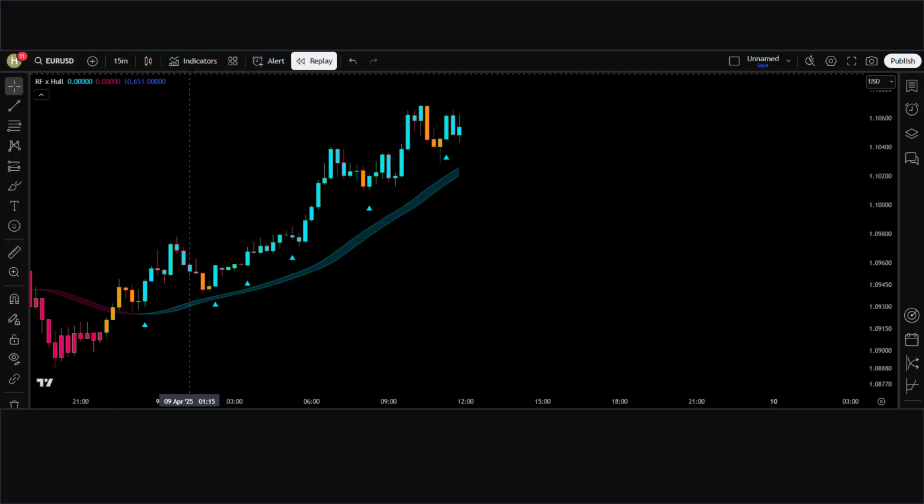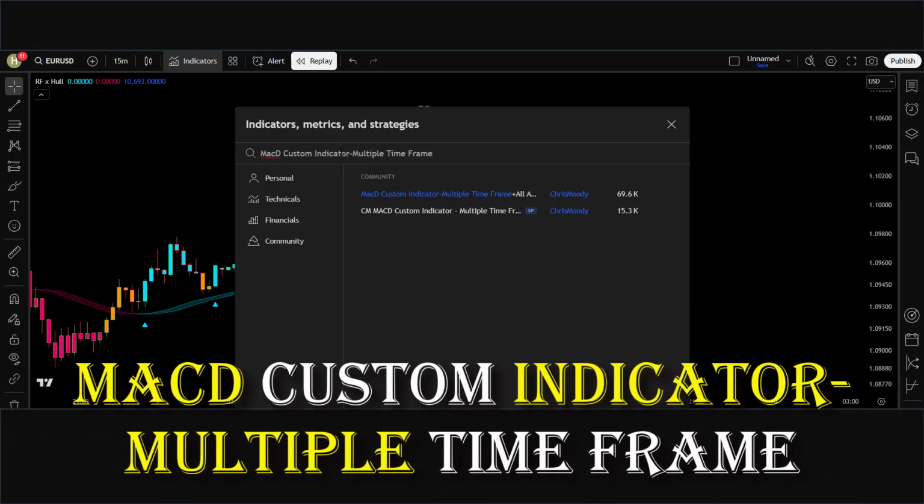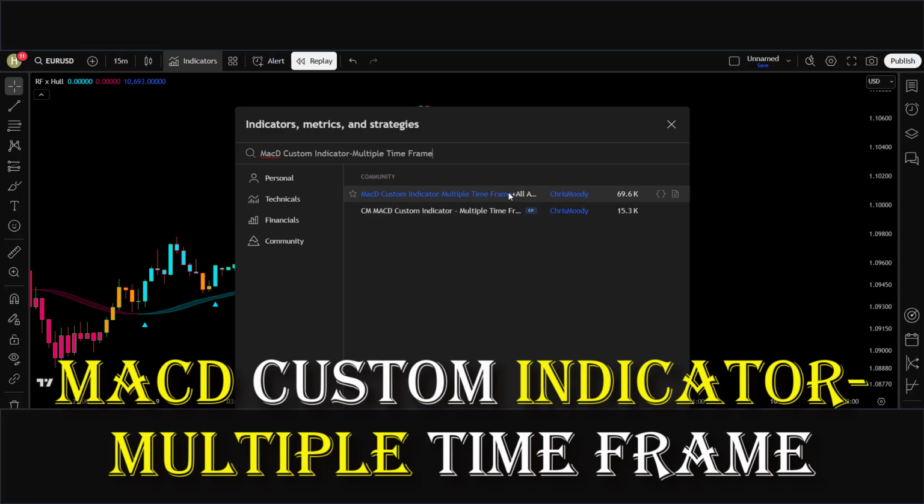We have to apply another indicator on the chart. The second indicator name is MACD Custom Indicator Multiple Time Frame.